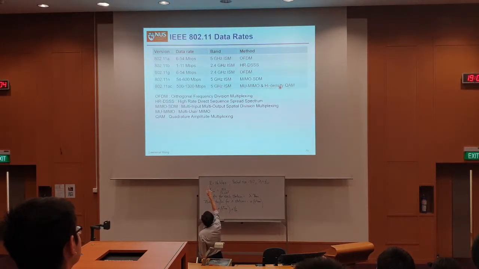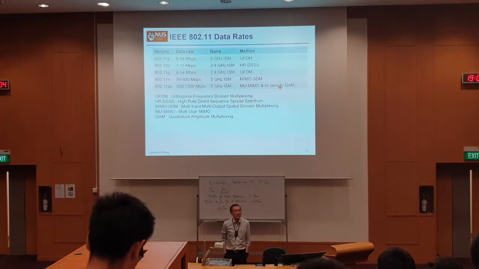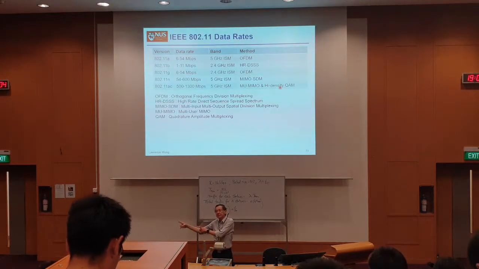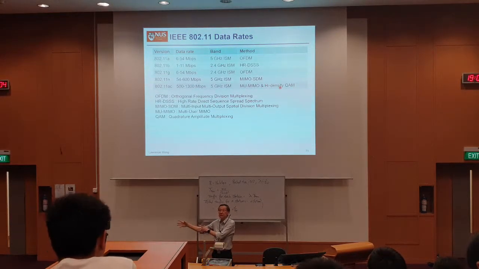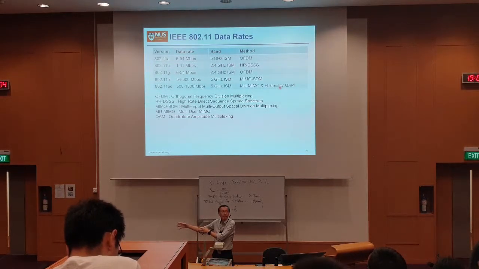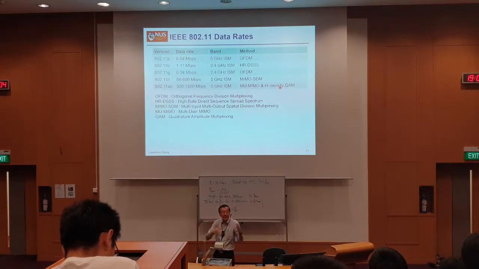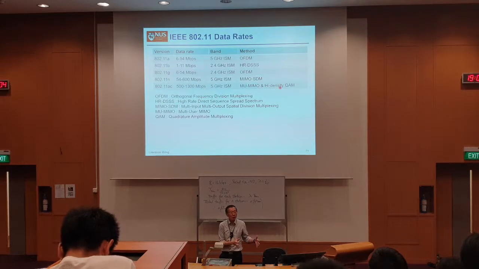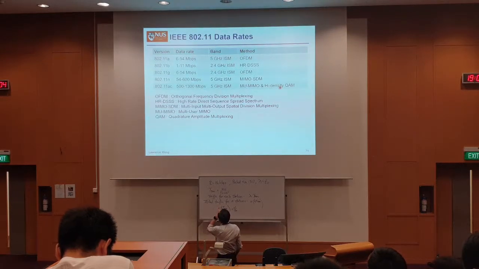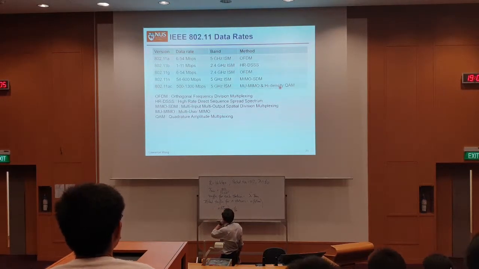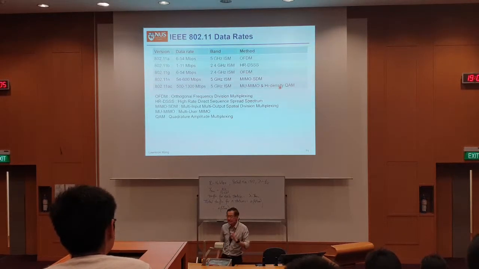Partly because A is in the 5 gigahertz band. So it's at a higher frequency band, which means the electronics is much more expensive. That's why B came up first, because it's also in the lower 2.4 gigahertz band. So things were cheaper.